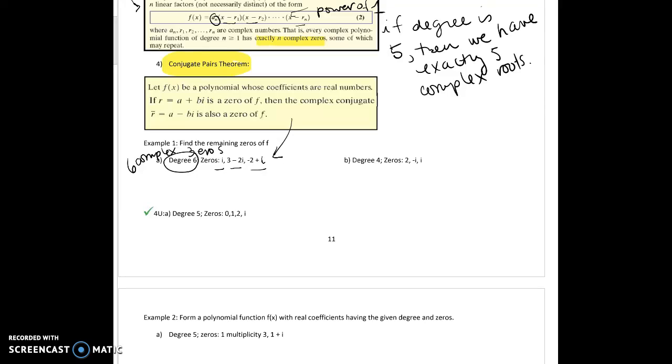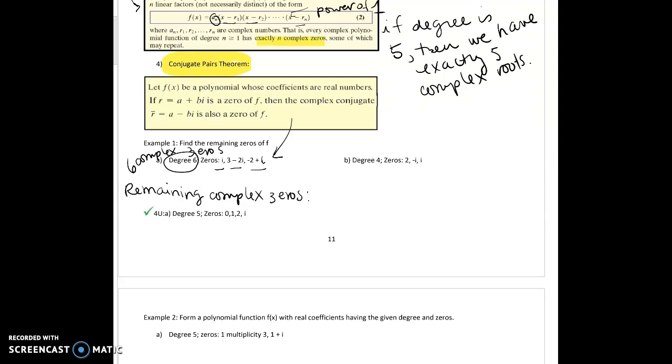So they give you first root is i, second root is 3 minus 2i, third root is negative 2 plus i. If you have a degree of 6, you know there has to be exactly 6 complex zeros. That means they give you 3, so we have to find the remaining complex zeros. That means there are 3 more, okay?